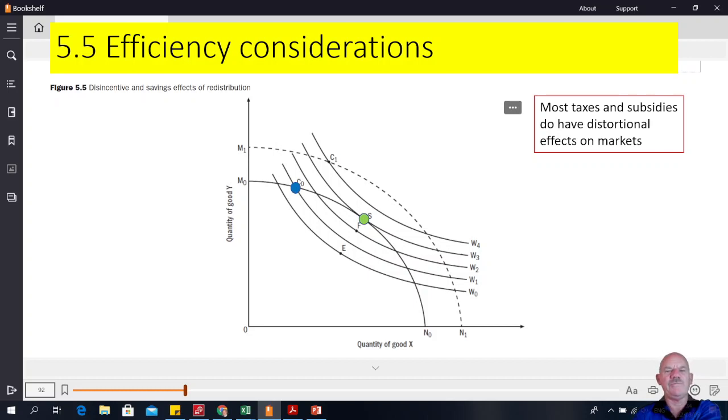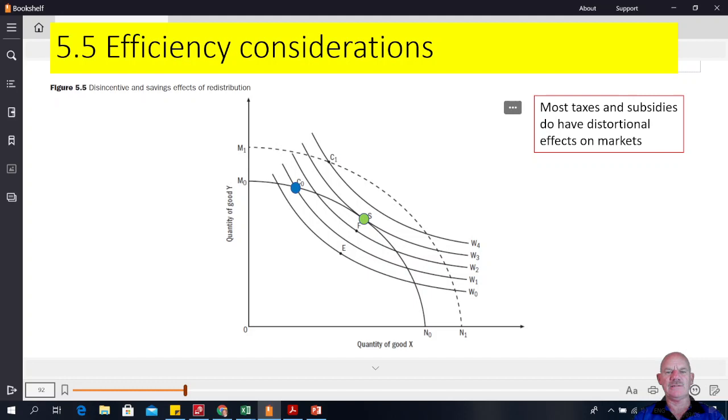They want to move to point S. So they have an election and everybody votes for position S. And the government is supposed to take us from C0 to S. If they do it, they want to redistribute goods.